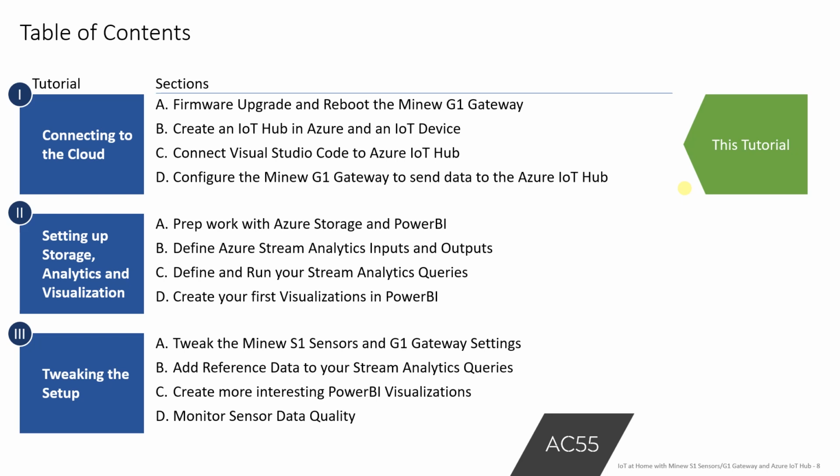Then we'll connect to Visual Studio Code and have that connect to IoT Hub. And then in the fourth element, we'll configure the G1 Gateway to send data through to the Azure IoT Hub. We'll go back to Azure and make sure that we can actually see the data coming in, or at least find indications that the data is coming in. So that's the overview of this tutorial.